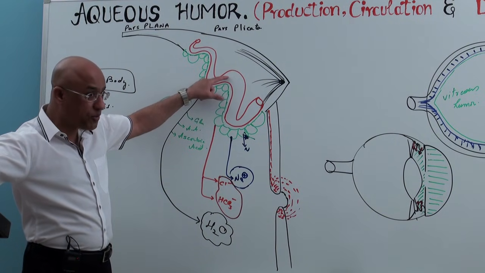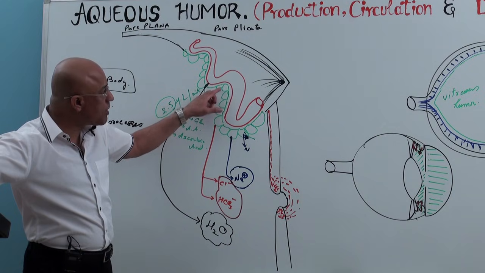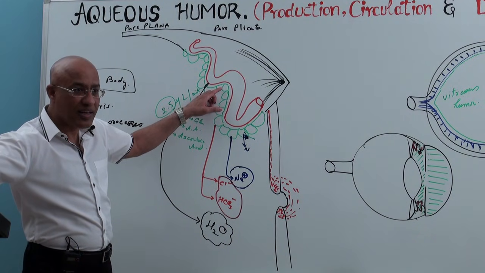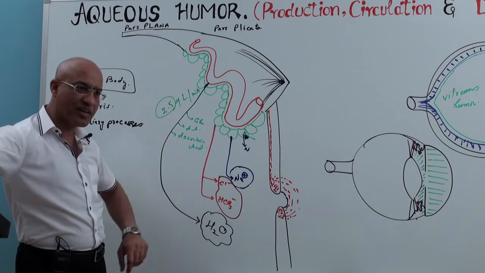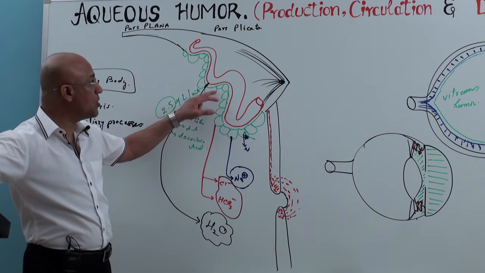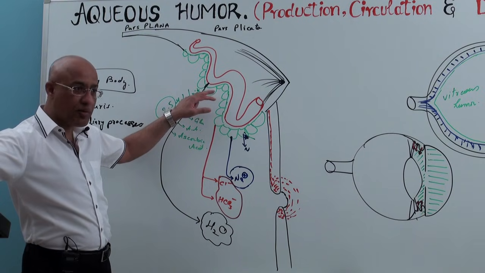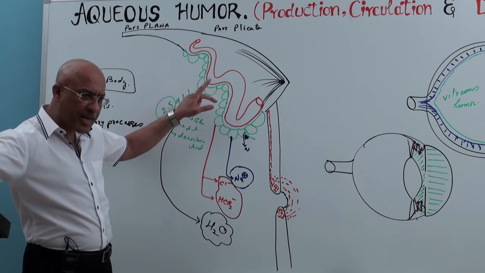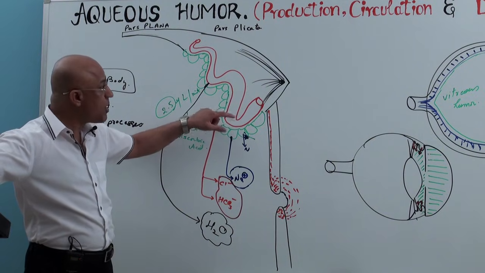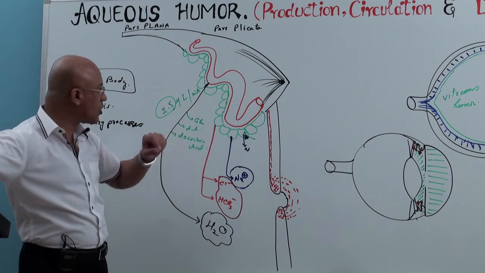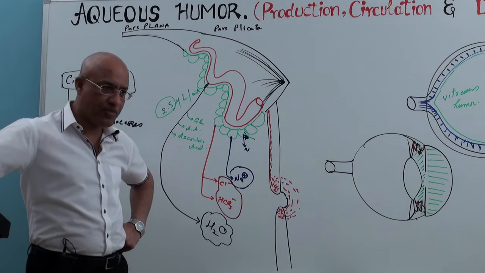Water is dragged from the vascular stroma between the interepithelial spaces, and then water comes over here. And these cells also get some substances by primary active transport, secondary active transport or simple facilitated diffusion, so these cells can also get the glucose, amino acids and ascorbic acid over here.